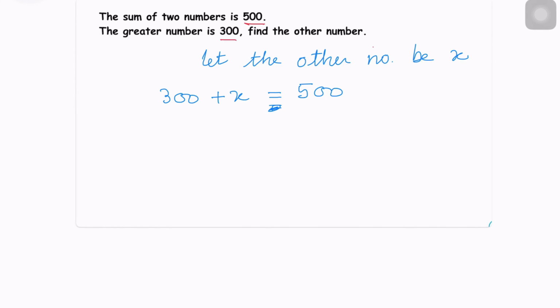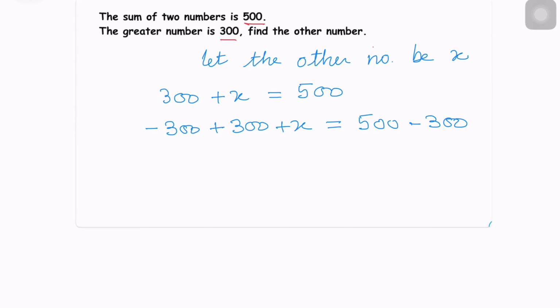That's what we want. So we will add minus 300 both sides. So see how I'm doing. Minus 300 I am adding to this side of equal, then rest of the equation will remain same. And if I am adding to one side, then I will add on other side also. If I am adding same number both sides, then it will make no difference, right?